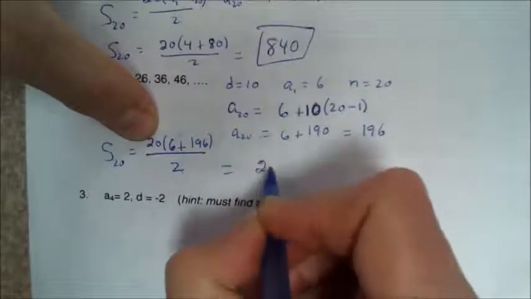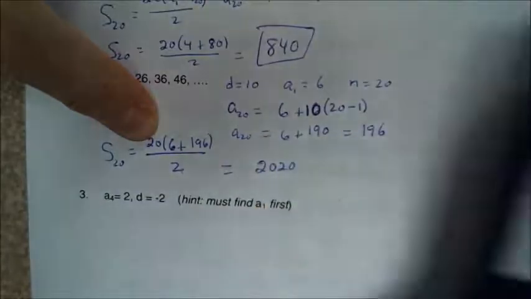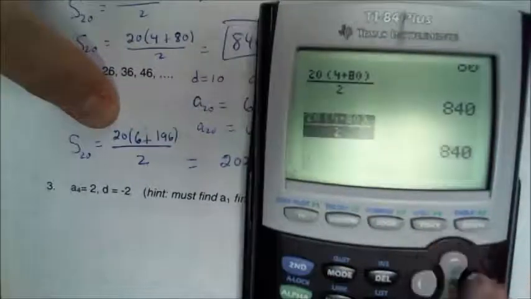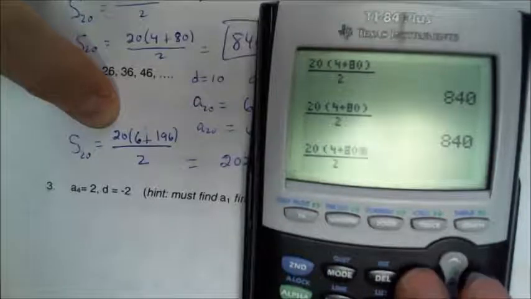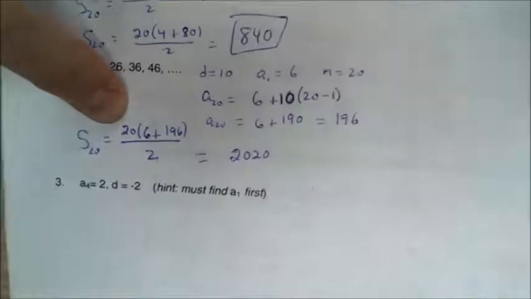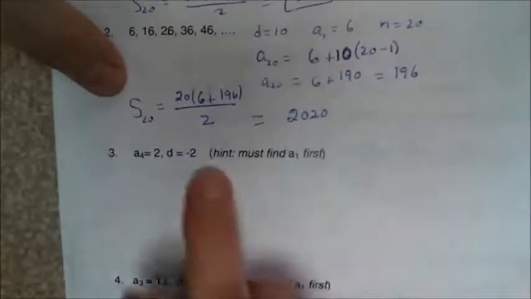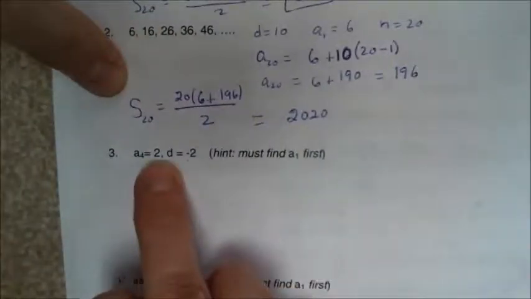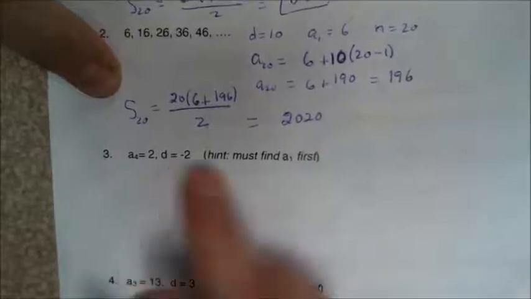I think that is 2020. Let me just make sure. 20 times 6 plus 196 over 2, 2020.